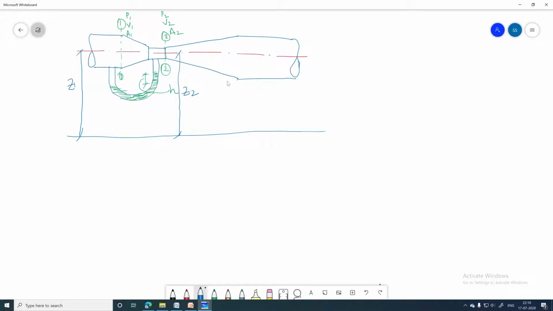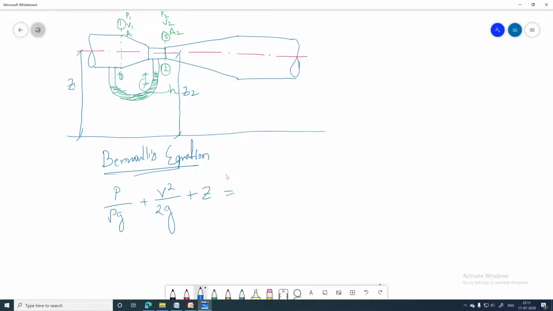Definitely Z1 is equal to Z2. Applying Bernoulli's equation, the pressure head, that is P by rho g, plus V square by 2g, plus Z equals constant.